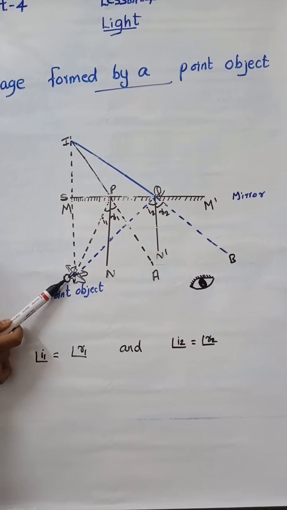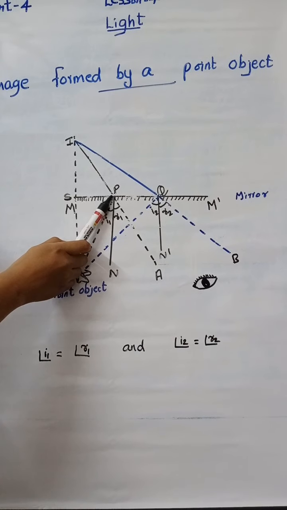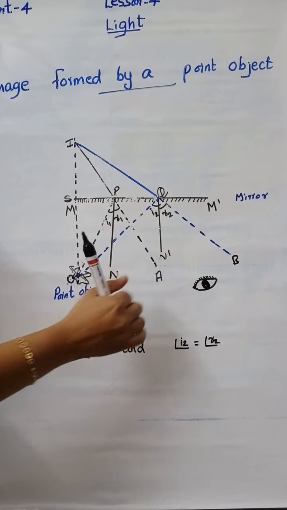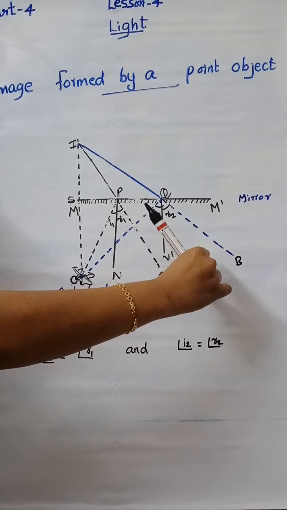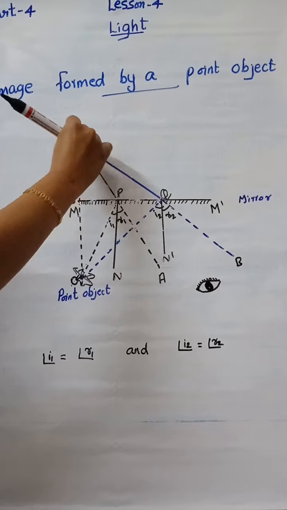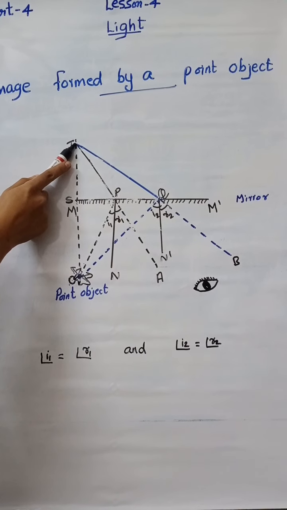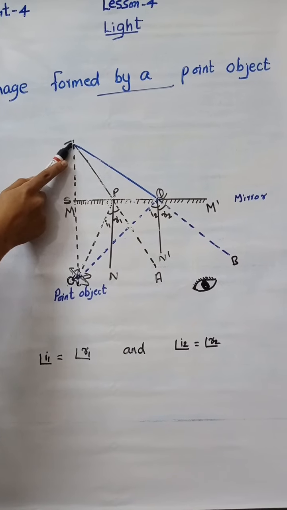So here is our object O. The light got incident on the mirror and got reflected. If we consider that these reflected rays are produced backwards, they will meet at a point here, and that point will be I, and this is where the image will be formed.